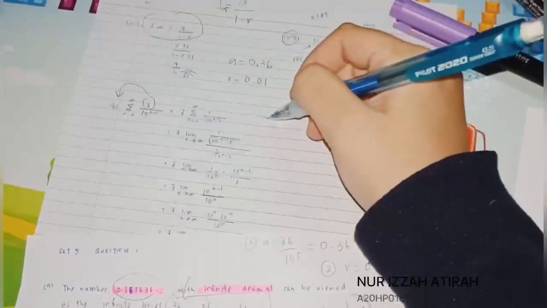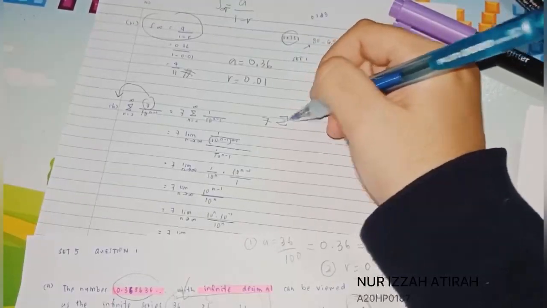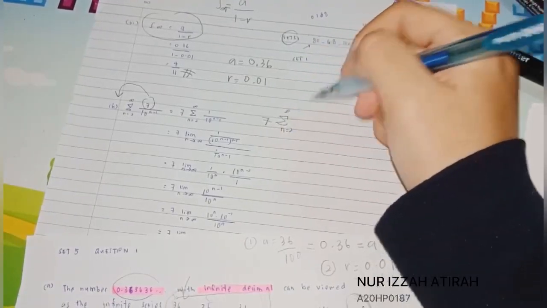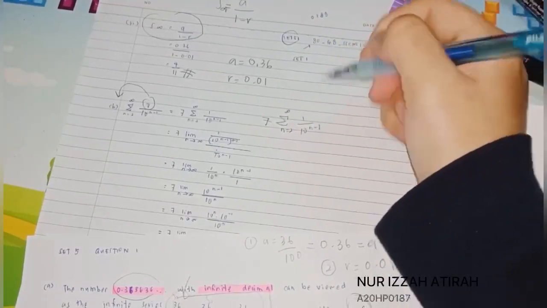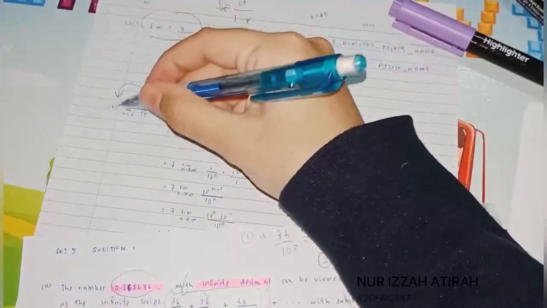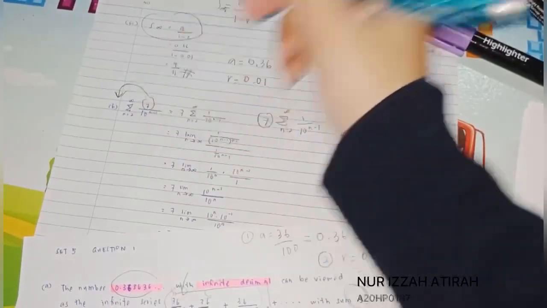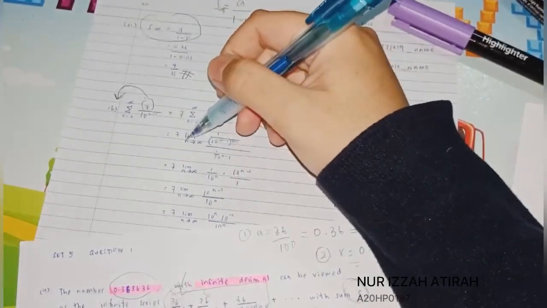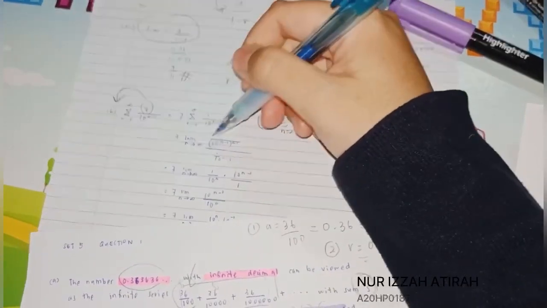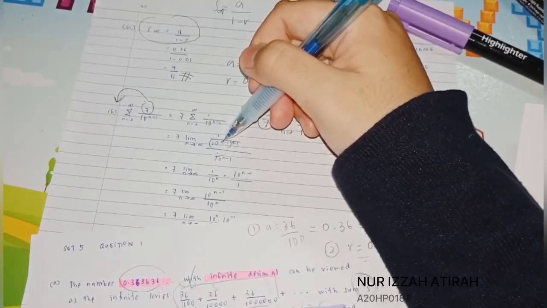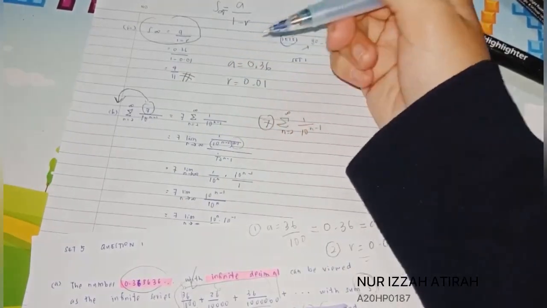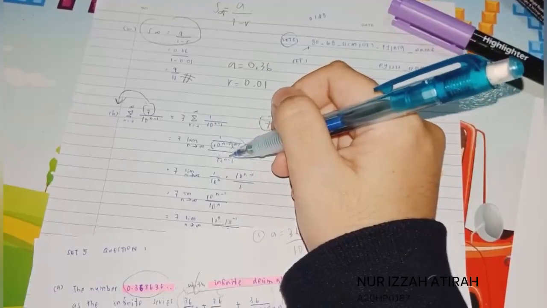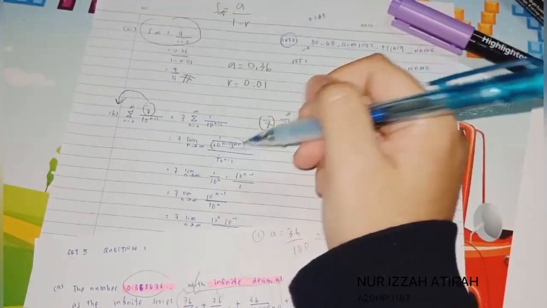Now we got 7, n equal to 2 until infinity, 1 over 10 to the power of n minus 1. Now we already know that 7 is out. Then we got 7 limit n to infinity, 1 over 10 to the power of n minus 1 plus 1 over 1 over 10 to the power of n minus 1.